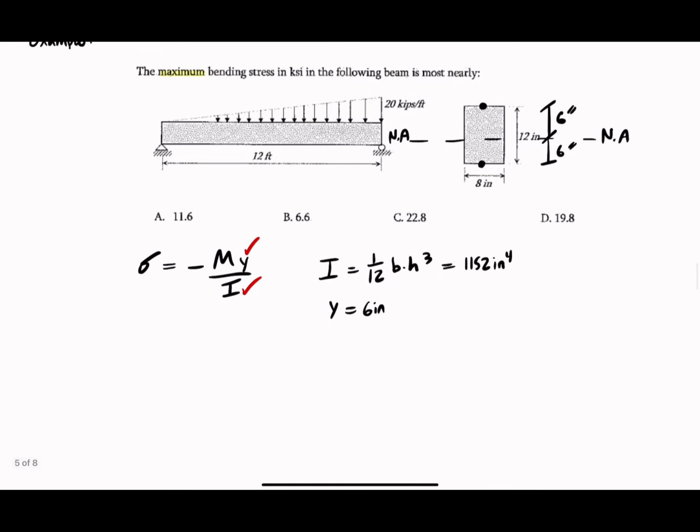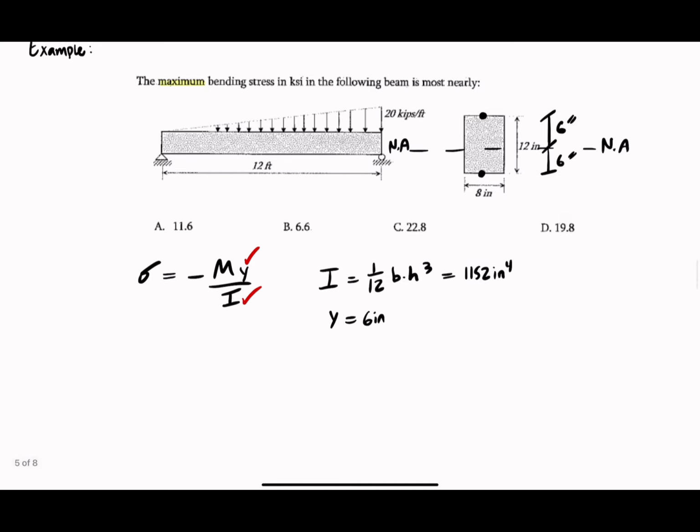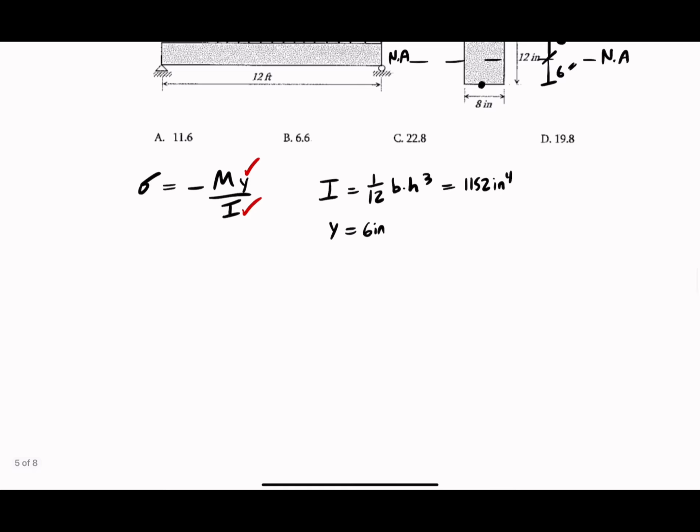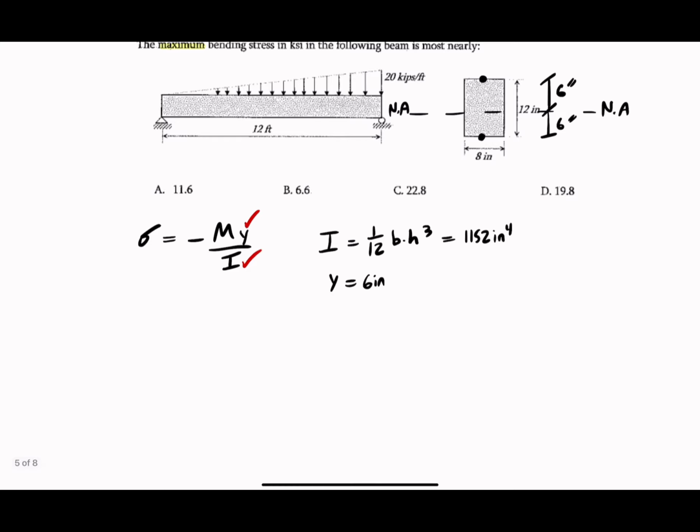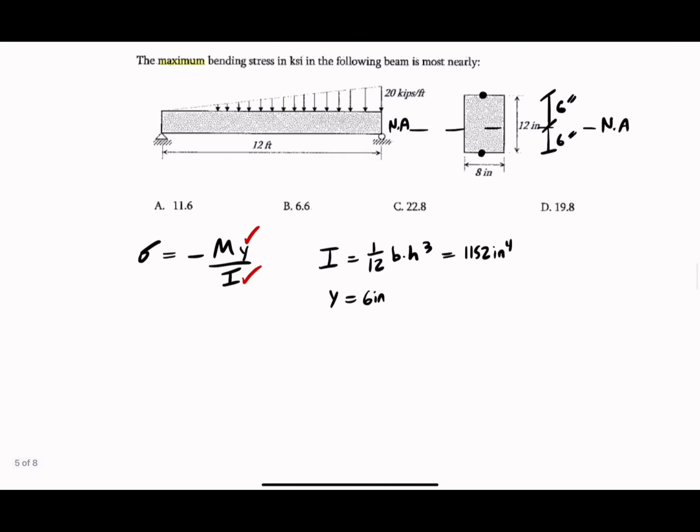Now, I'm going to solve this in a unique way. Instead of doing bending moment and shear diagrams, I'll solve this by actually doing integration. I think personally that would be easier because this is a triangular distribution.